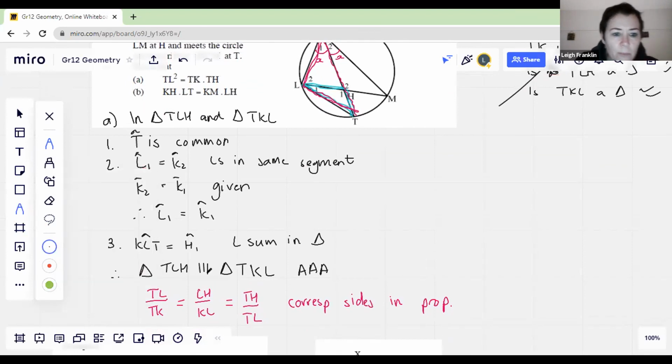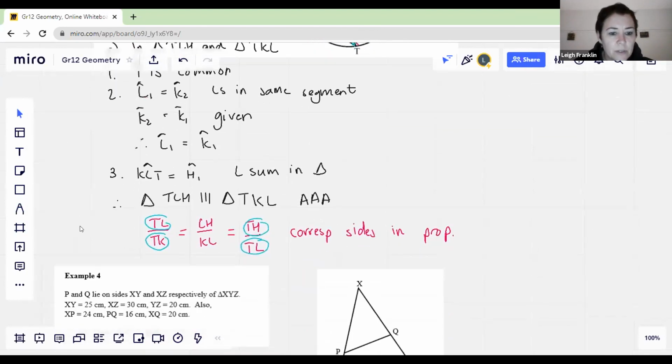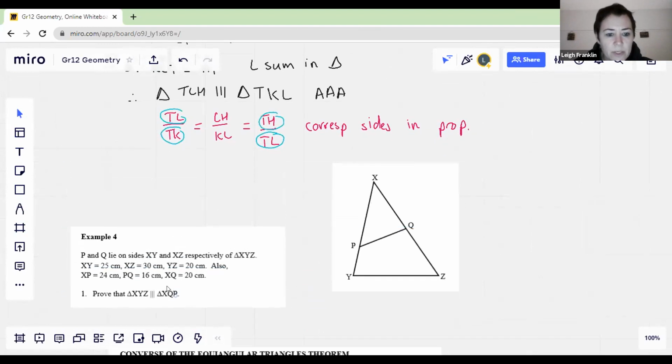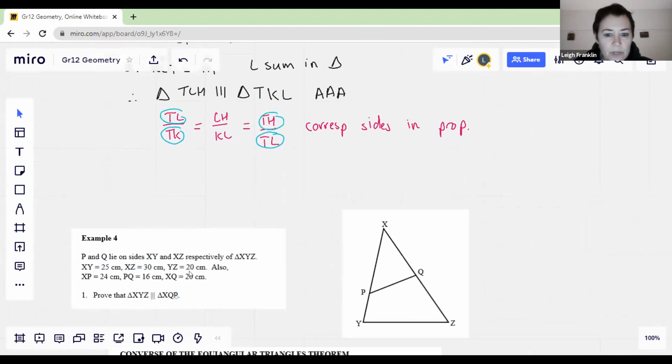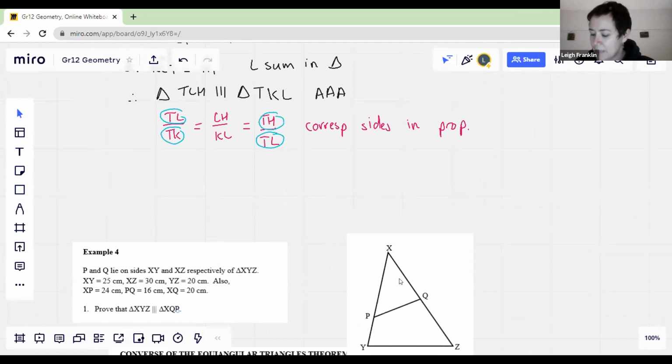So bright blue, we need TL and TL, and we need TK and TH. There we go. Now we're going to take that.